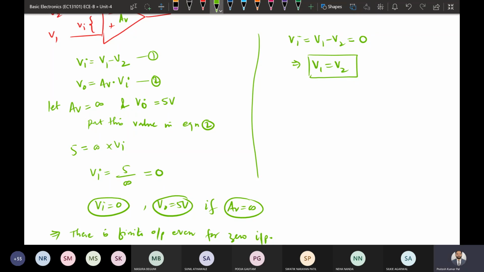Or we can say, if our system, the operational amplifier, is there, here we are having two different inputs. If we are getting some output at that time, the inputs are equal, or these inputs are called virtually short.